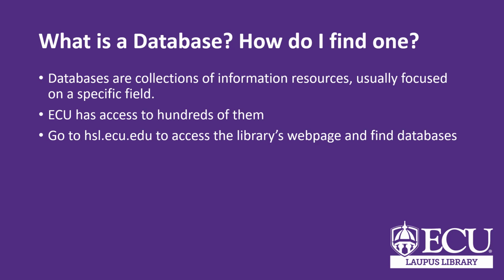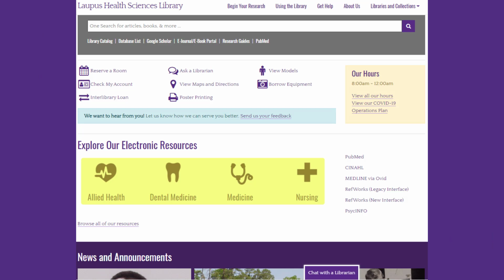To determine which database would be ideal for you, visit the library's homepage located at hsl.ecu.edu. From there, you can locate the button for your school or college and scroll through a list of curated databases commonly used for your program. Of those curated lists, the most frequently used databases are PubMed, which includes Medline, CINAHL, PsycINFO, Cochrane Central, Scopus, and ProQuest Search.